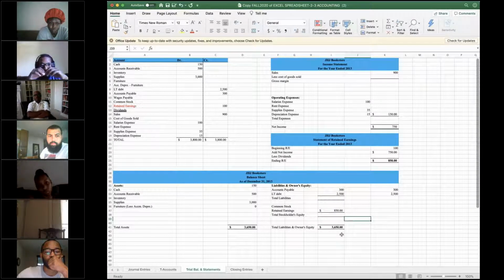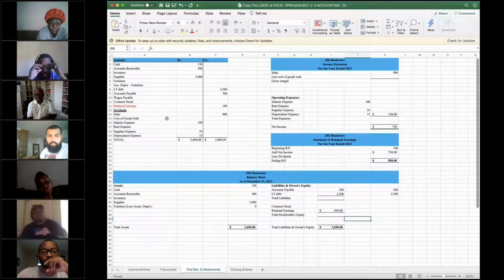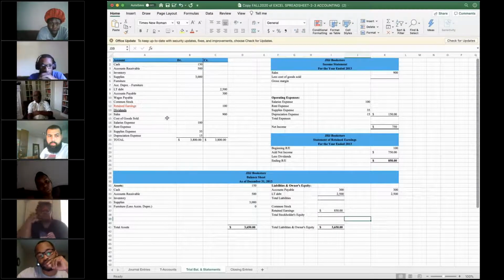So this is why we focus on journal entries so much. If you have the journal entry, post it to the ledger, and do a trial balance. Do that trial balance in this order: assets, liabilities, retained earnings, stockholders' equity, dividends, revenues, and expenses. Then you can drop those things over here to get those statements done automatically.